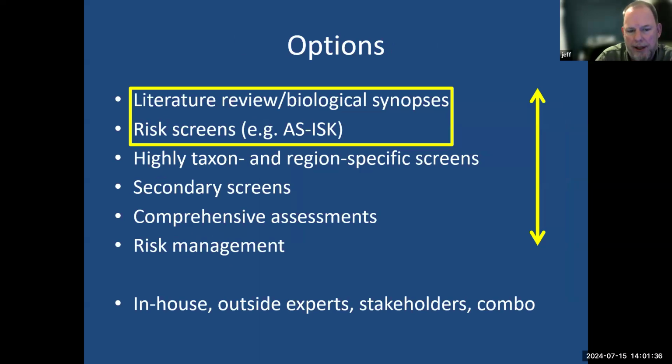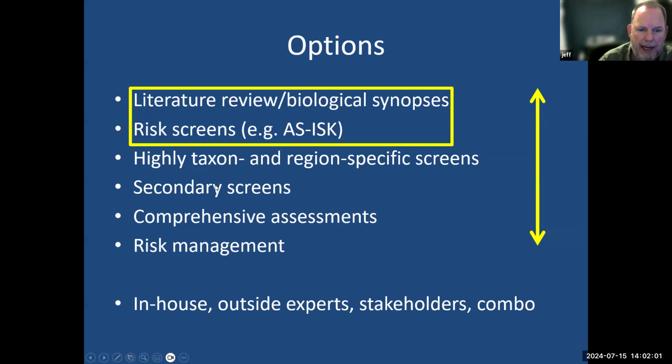So options, there's a lot of options. I won't go over all of these because of time, but generally in Florida, most agencies would like a biological synopsis and risk screens done. And so that's what we do. We work with them afterwards to sort of recommend, do we need to go farther, that sort of thing, and what sort of products we might need if we did go forward.